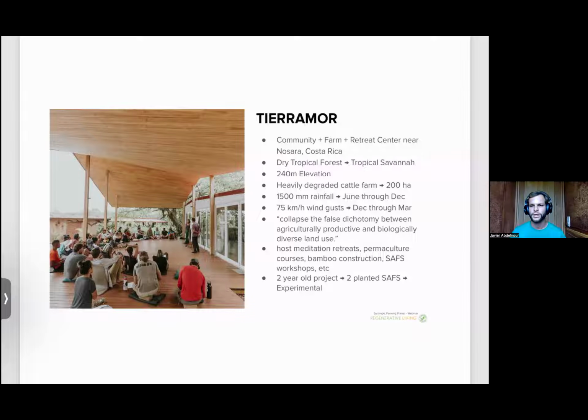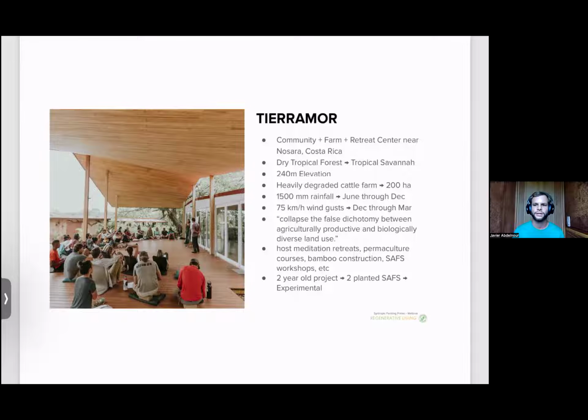And one of the main objectives of this project of Tierramor is to collapse the false dichotomy between agriculturally productive and biologically diverse land use. So we're trying to figure out how can we bring back biodiversity into the farm, and at the same time produce the resources that we need to build a community here on site.